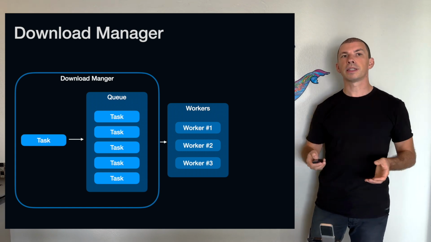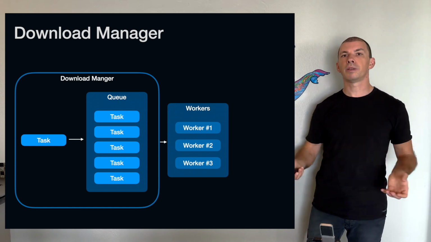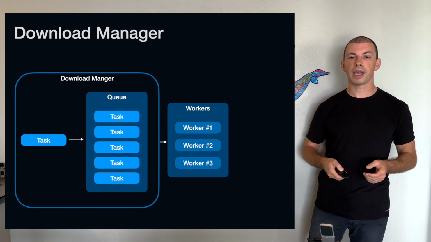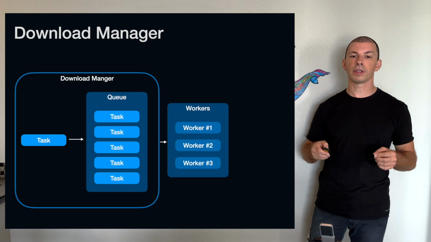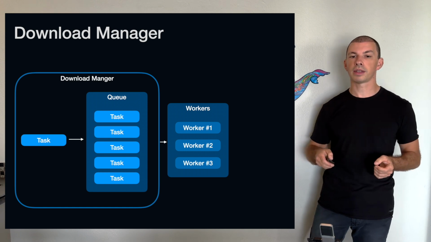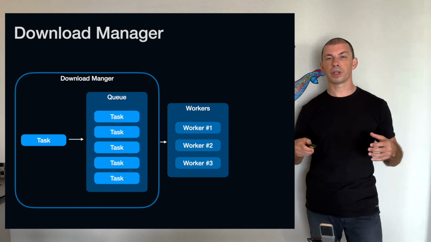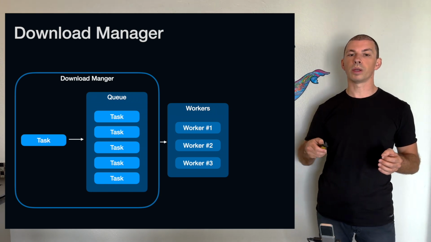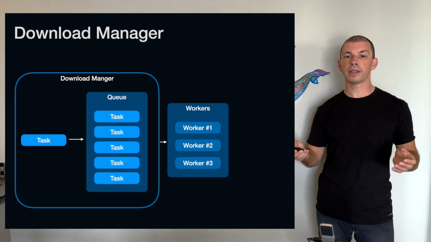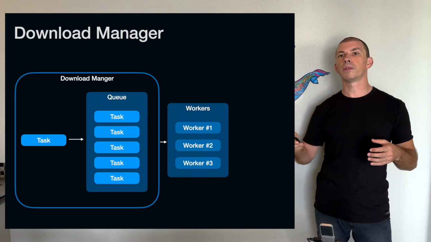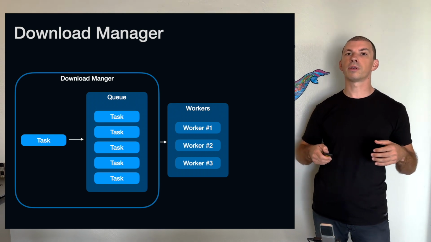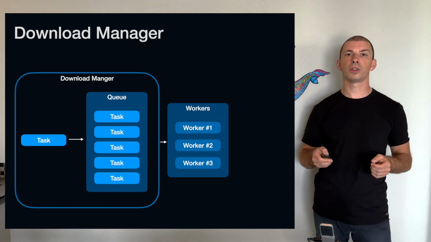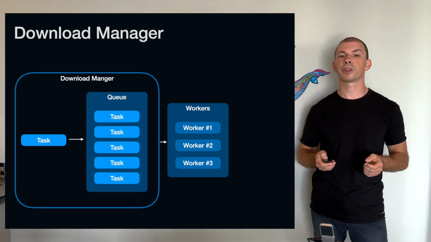The number of workers is the same as the number of parallel downloads that we allow in our library. So for example, in that case, we allow just 3 parallel downloads, and if there are no empty workers, the task will wait, and when some worker finishes a download, in the failure or success case, it will go to another task, the next task from the queue.